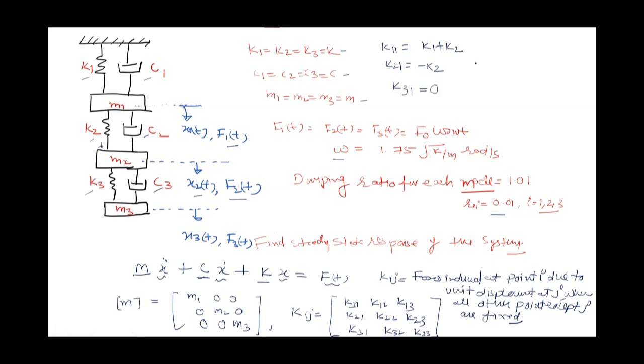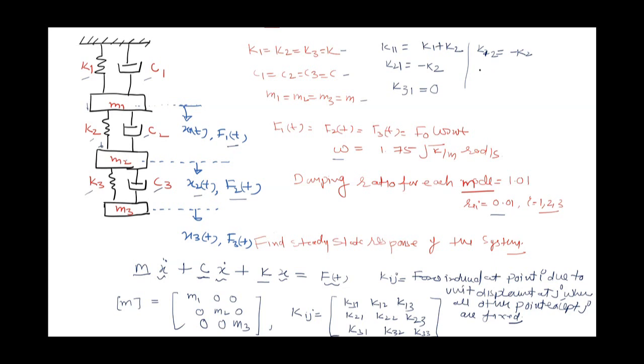So this is 0. Similarly, we can write K12. K12 means when we give unit displacement at 2, the force induced at 1. Now 1 is fixed, 2 is displaced by unit displacement. In this case, 1 will experience K2 multiplied by 1 in this direction. So this is minus K2.